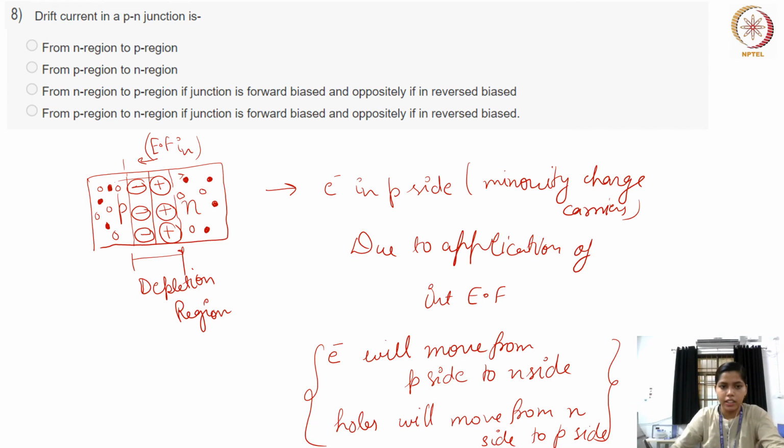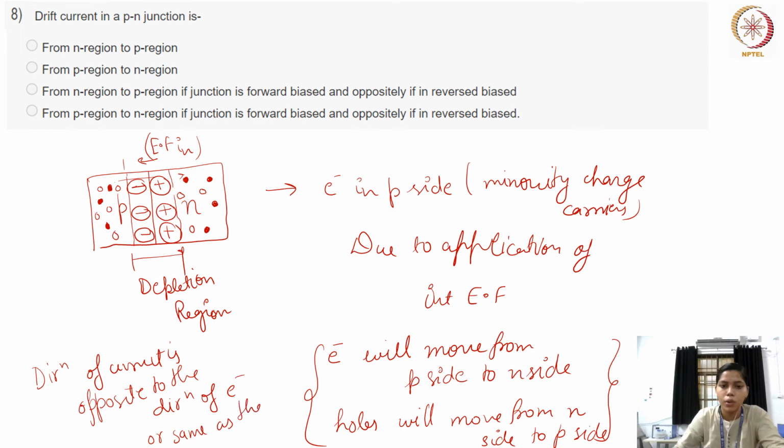So we know that the direction of current is opposite to the direction of electrons, or we can write, same as that of holes, correct?